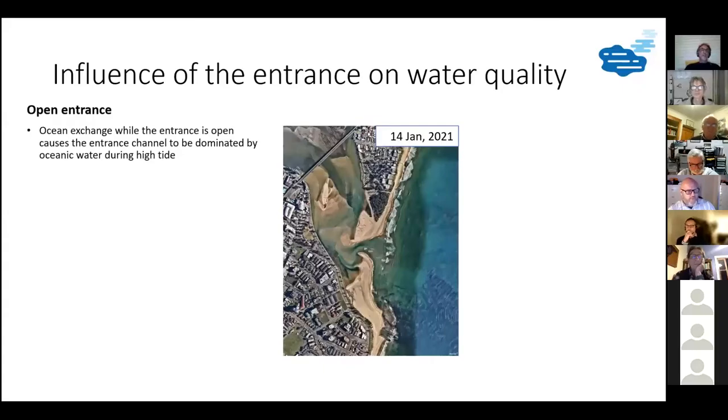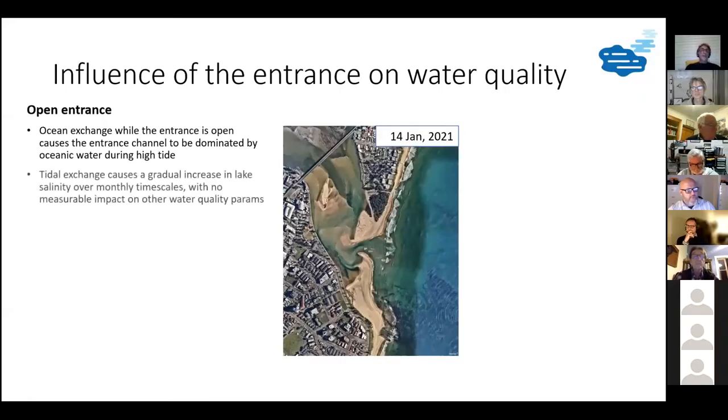During the open entrance conditions, ocean exchange in that entrance channel shown in this picture is quite good. So it causes that to be dominated by oceanic water, as people will be well aware. The tidal exchange in the lake basin is considerably less, and it causes just a gradual increase in salinity over monthly timescales, but there's really no measurable impact on any other water quality parameters such as turbidity or nutrients.